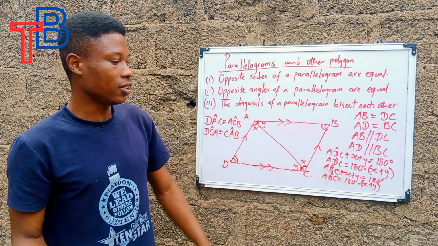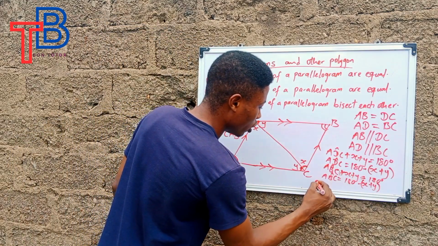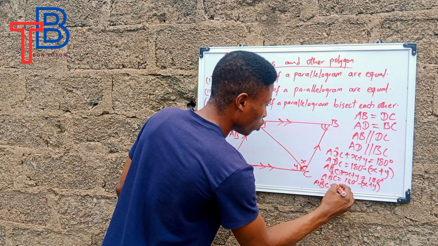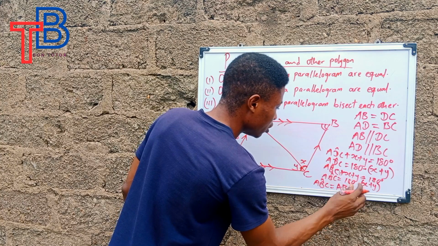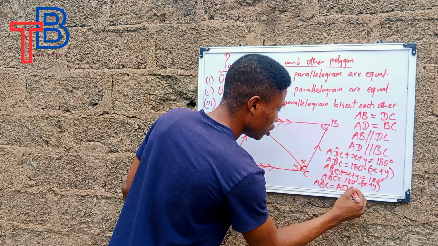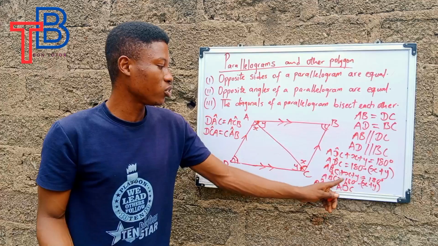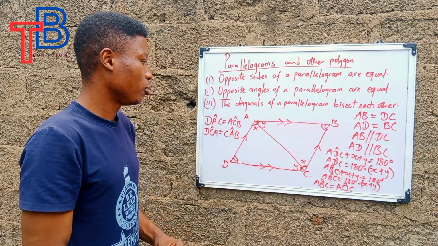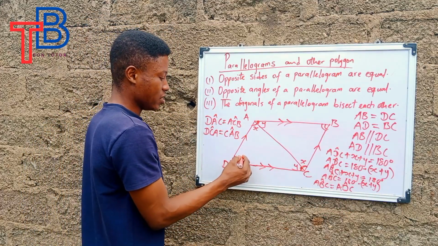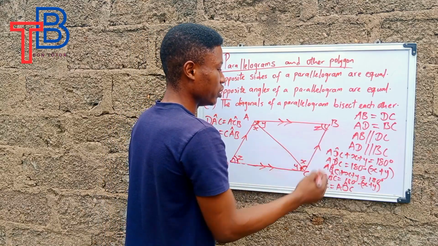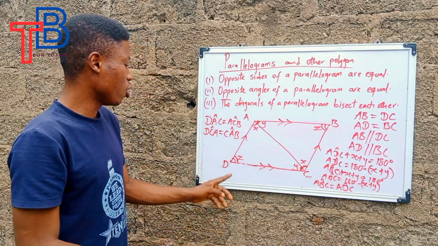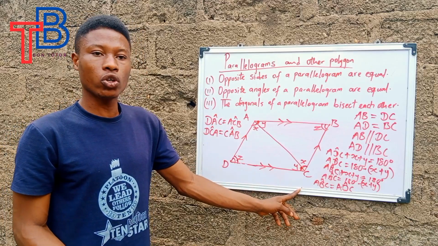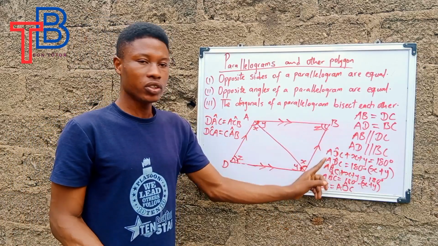what ADC gives us. We can then say your ABC is equal to your ADC, because they both give us 180 minus x plus y. Let's say here is z, here will also be z, which means your angle ADC is equal to your angle ABC.